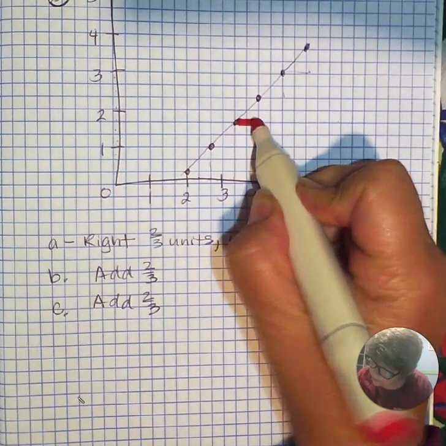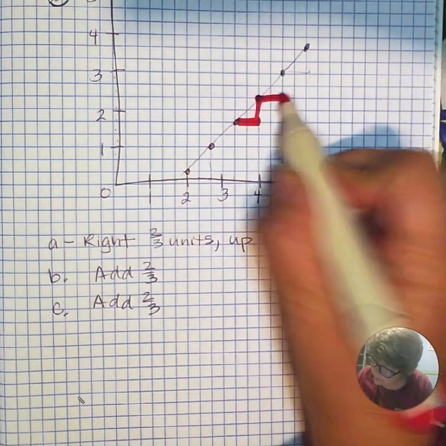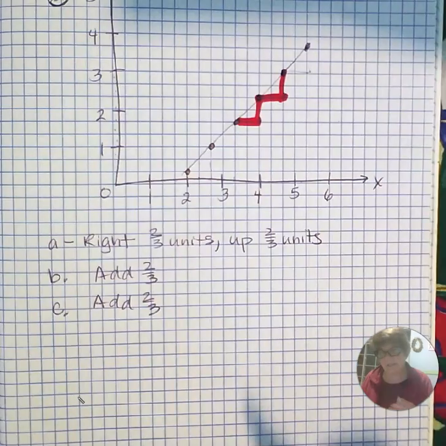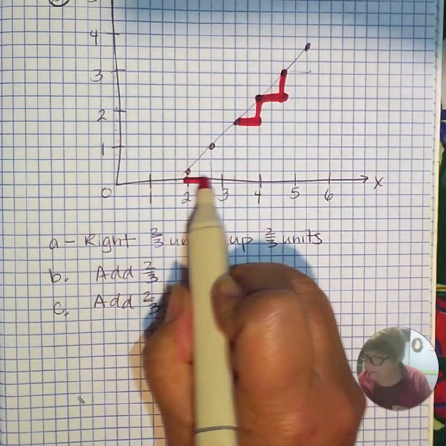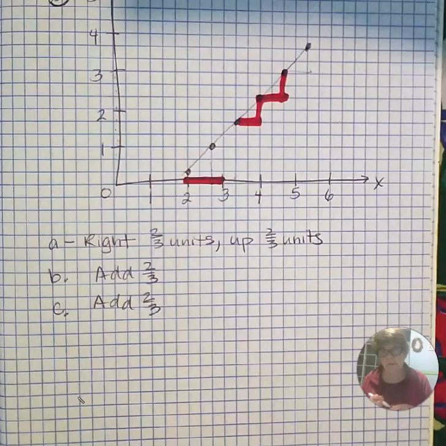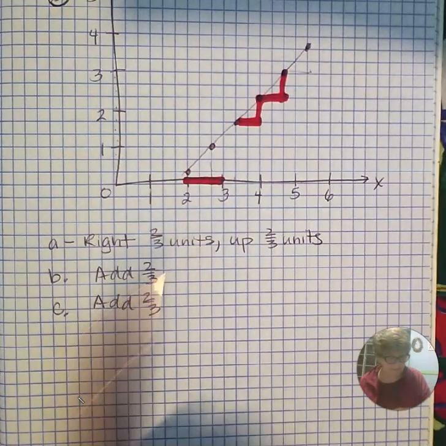Why am I saying 2/3 when it's really 2 blocks? Because you can see that each block is broken into 3 parts, right? Each block is thirds on this particular graph because of the way it's set up.